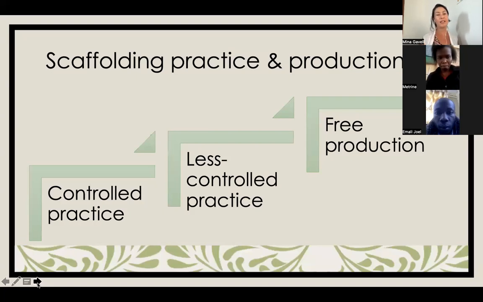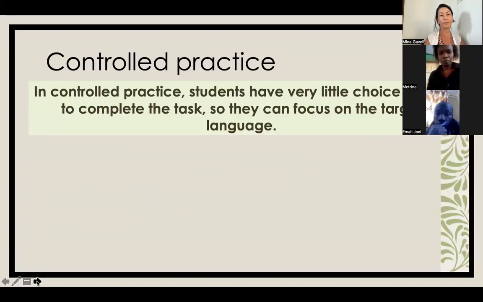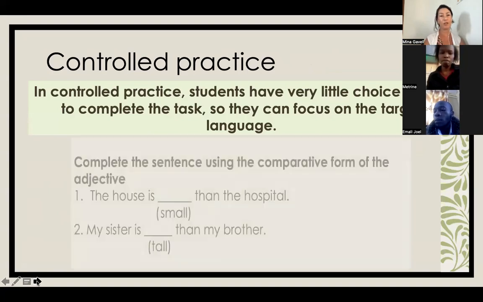So one way to look at this is we begin with controlled practice, then we move on to less controlled practice, and then finally we move up to free production. So in controlled practice, students have very little choice in how to complete the exercise or the task. And this is done intentionally so that they can focus on the target language.